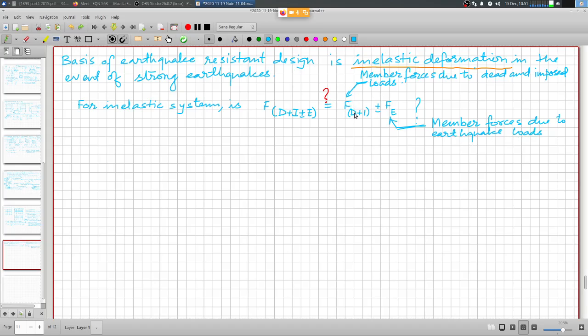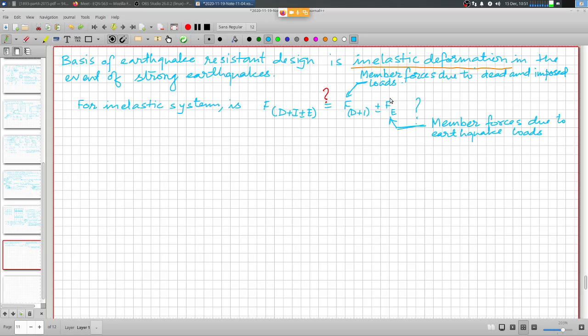So computing these member forces due to dead and imposed loads, setting it aside, and then adding to those the earthquake load effects that you have computed, as shown by Digvijay in the class, that you do using response spectrum method and otherwise equivalent static procedure, and then add up.